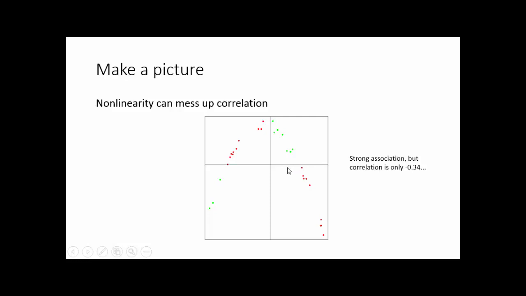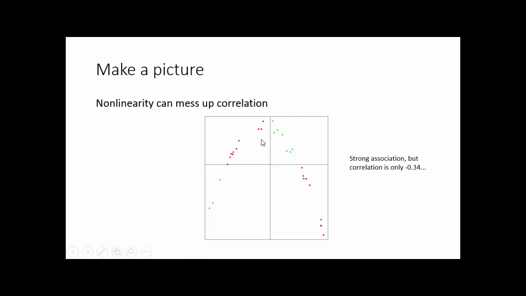And so I see that I get a correlation, and by the way, I could compute a correlation out of this. I could just stick it in the computer and run with it. And in fact, the computer will tell me, oh, it's got a correlation of negative 0.34, and that, depending on the situation, might be very interesting to somebody. But the correlation is all wrong, because you wouldn't call this a weak association, would you? A 0.34 is not a very strong association.